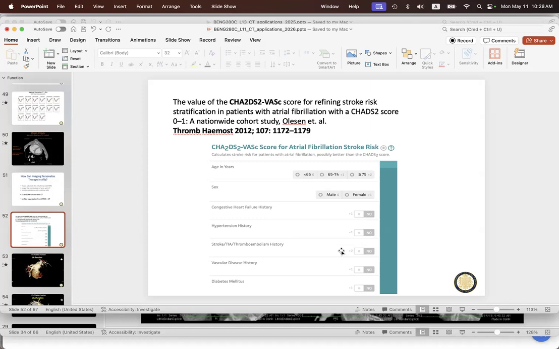That's all well and good, but when you look at this score and you ask, is this score predictive of who's going to have a stroke down the line? It's not a good predictor. It really isn't.